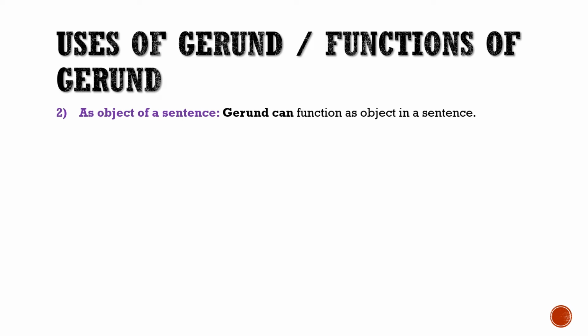So gerund can function as object in a sentence, right? আমরা কিন্তু জানি যে নাউনকে আমরা বাক্যে সাবজেক্ট এবং অবজেক্ট দুটো জায়গাতেই ব্যবহার করতে পারি। যেহেতু জেরান্ড এক ধরনের নাউন, তাহলে আমরা জেরান্ডকে সাবজেক্ট হিসেবেও ব্যবহার করতে পারি এবং কোনো বাক্যের অবজেক্ট হিসেবেও ব্যবহার করতে পারি। So gerund can function as object in a sentence.